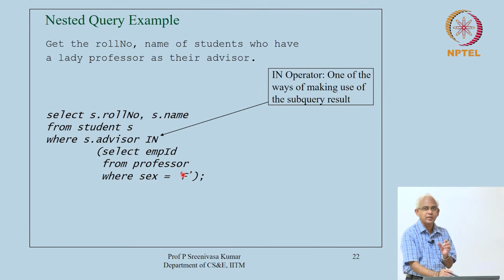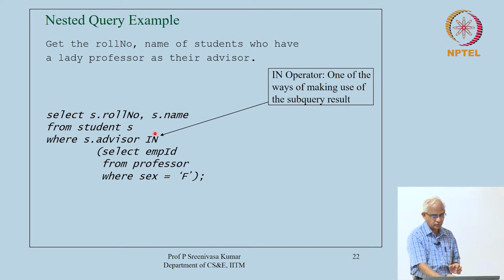Technically speaking, very theoretically speaking, the value will not match because there is a type mismatch. There is a single value there, here is a tuple of a single value. So, let us ignore that. Let us imagine typecasting S dot advisor into a tuple, so that it can now check whether that tuple exists in this set of tuples.